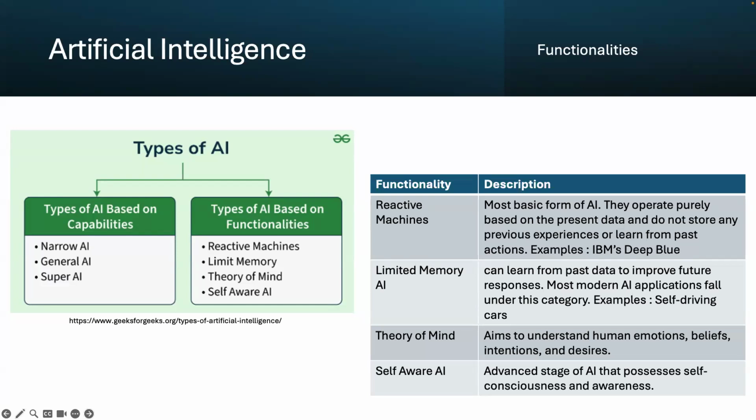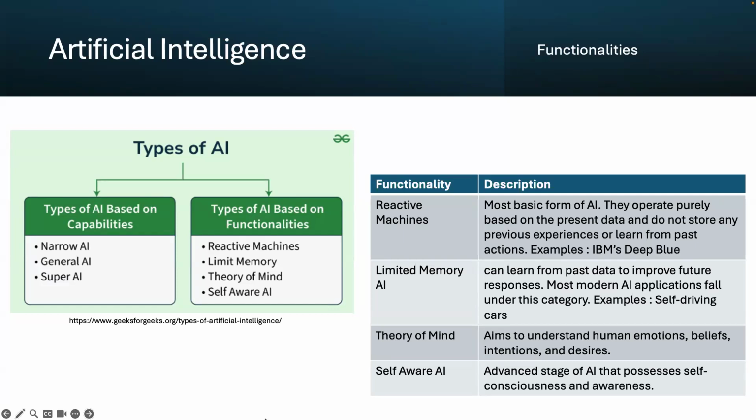The other one is limited memory AI, where you keep certain memory from the recent past, like self-driven cars. Theory of mind is another functionality wherein it understands human emotions. And self-aware AI is wherein it possesses self-consciousness and awareness.